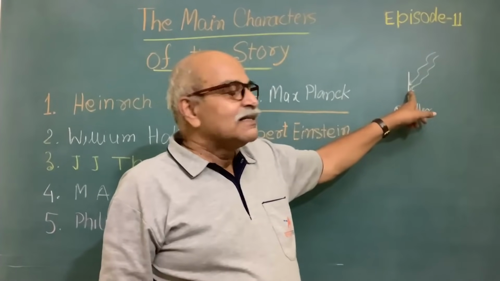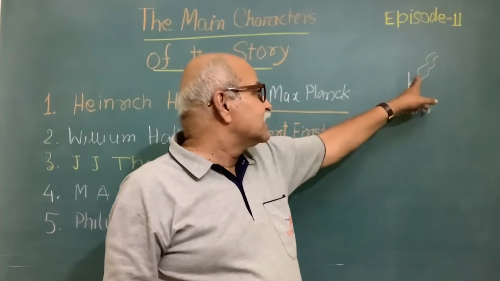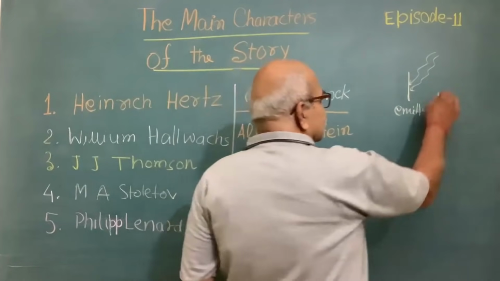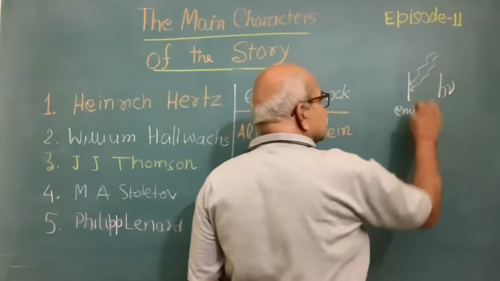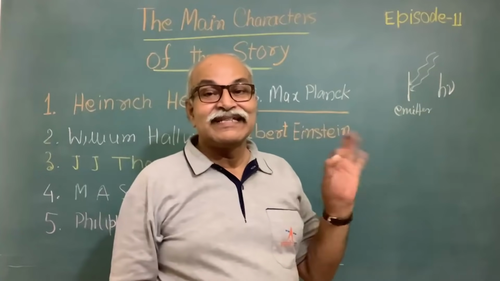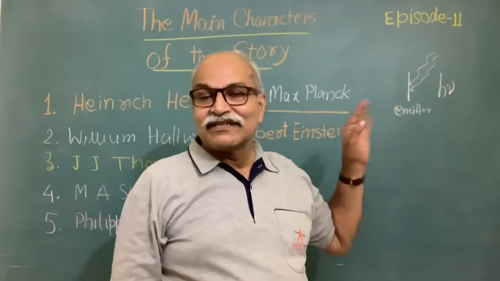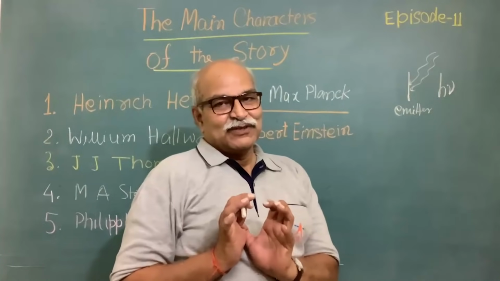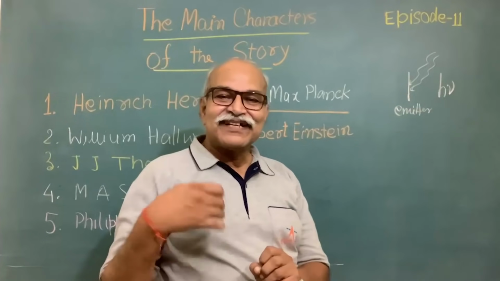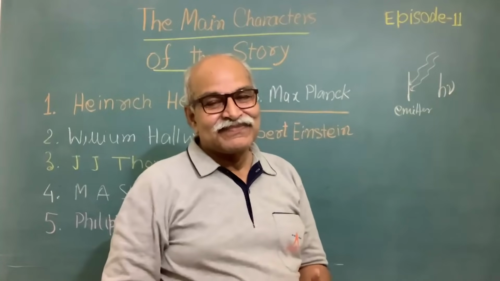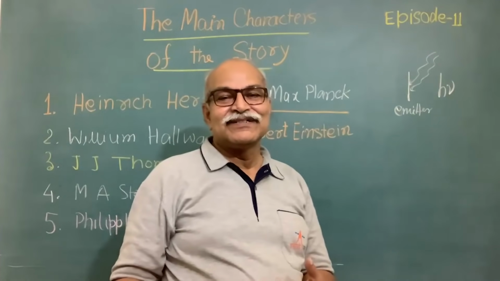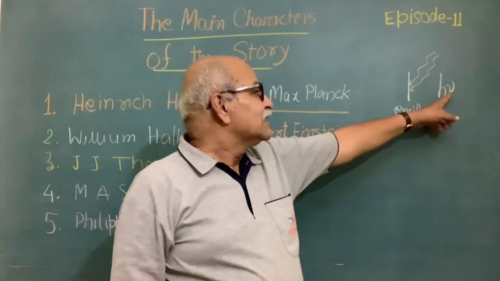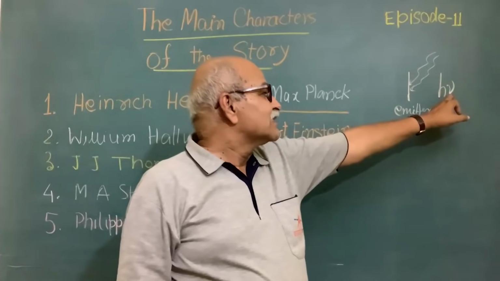In that model, the energy given by this radiation to any of these electrons will be just h nu. The energy given to a single electron in a single event will be just h nu. Once energy is received, this electron will not keep this energy for a long time. Either it will come out or it will share with the fellow electrons and the lattice. So one electron, one photon, this is the energy given.